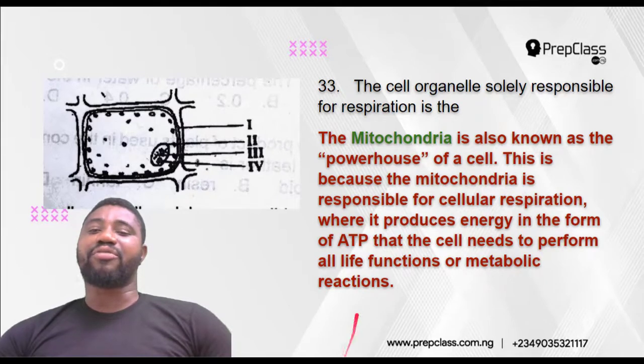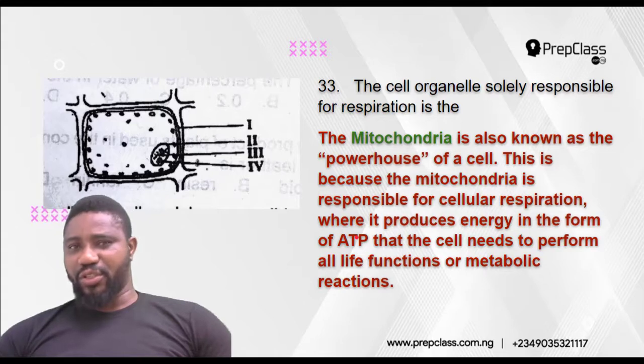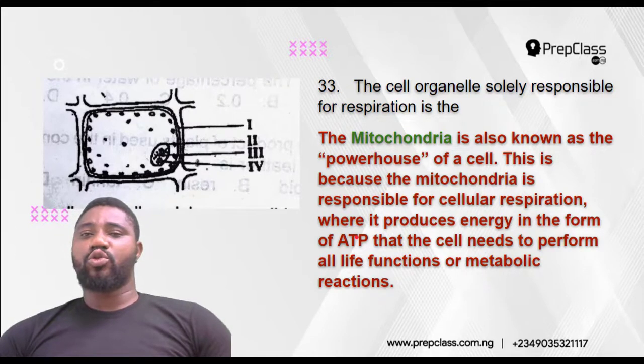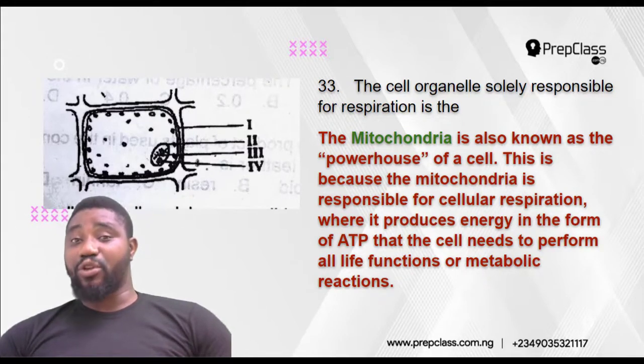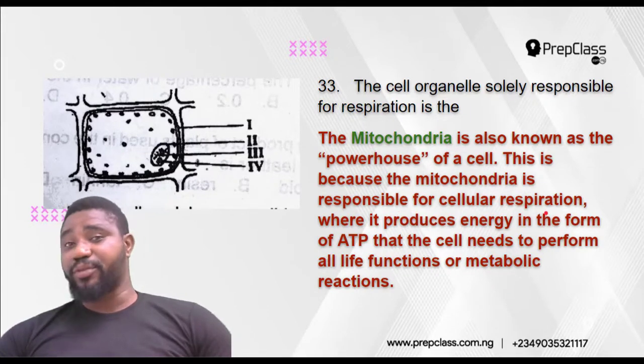Now, the energy is in the form of ATP, and it can be in the presence or absence of oxygen. When this breakdown of glucose to ATP takes place in the absence of oxygen, it's called anaerobic respiration. When it takes place in the presence of oxygen, it's called cellular respiration, tissue respiration, or aerobic respiration.